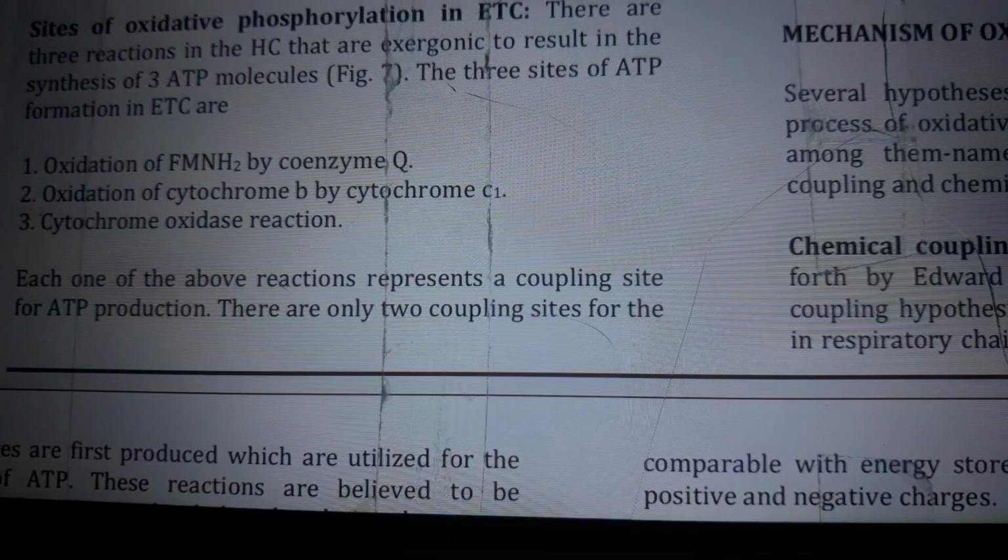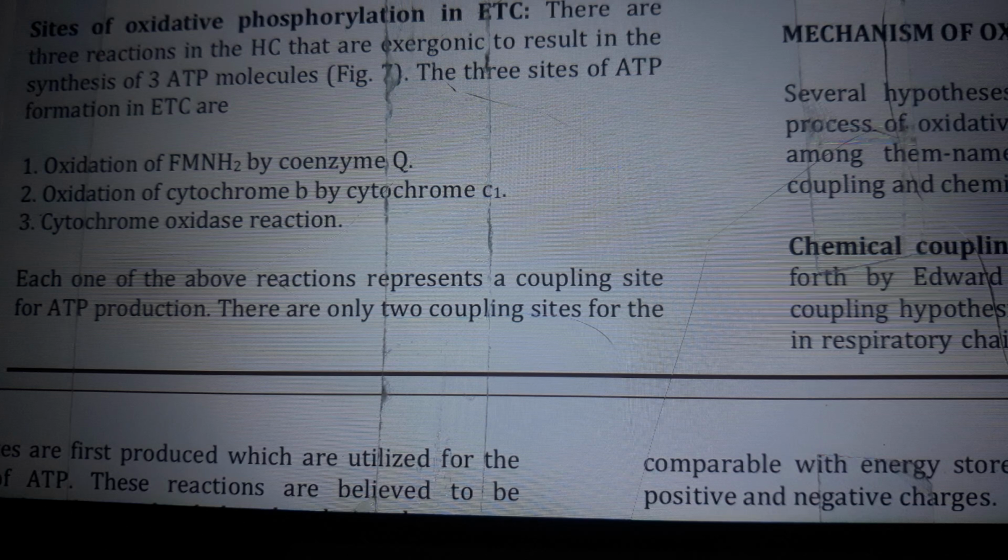Sites of oxidative phosphorylation in the ETC. There are three reactions in the ETC that are exergonic enough to result in the synthesis of 3 ATP molecules. The three sites of ATP formation in the ETC are oxidation of FMNH2 by coenzyme Q, oxidation of cytochrome b by cytochrome c1, and the cytochrome oxidase reaction.